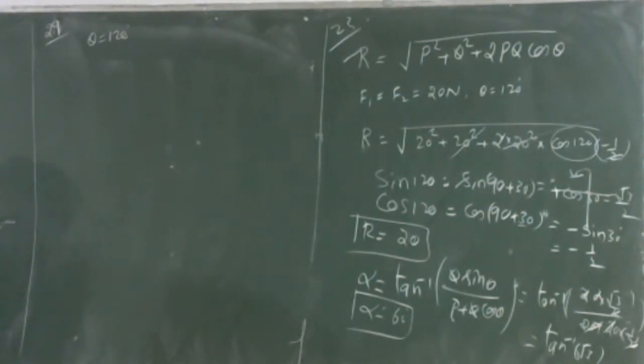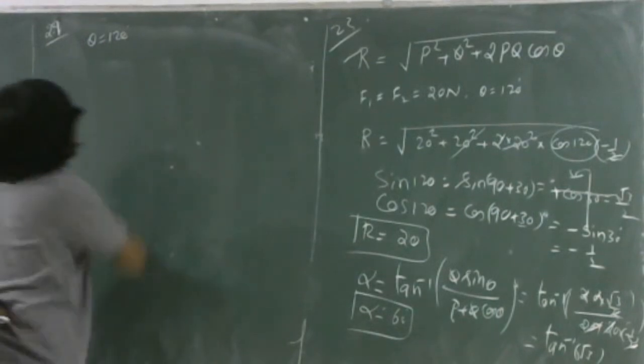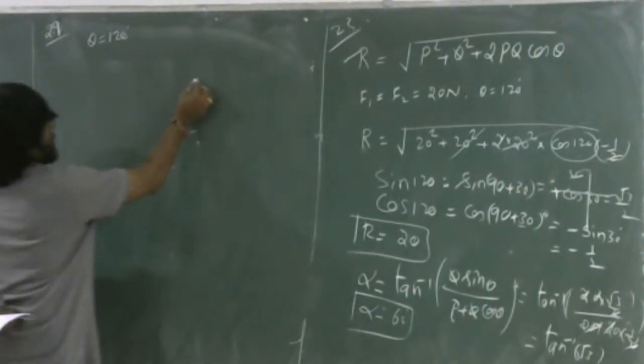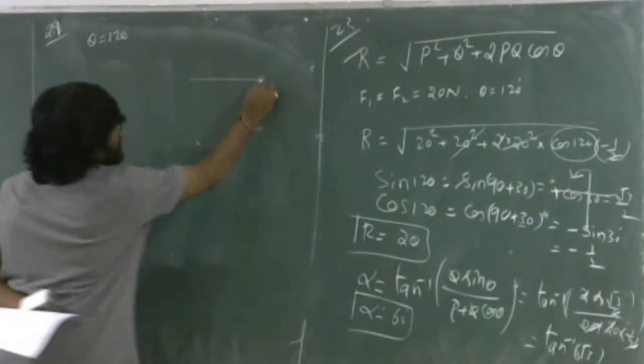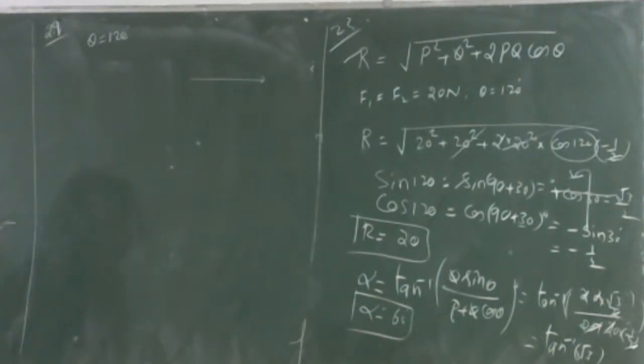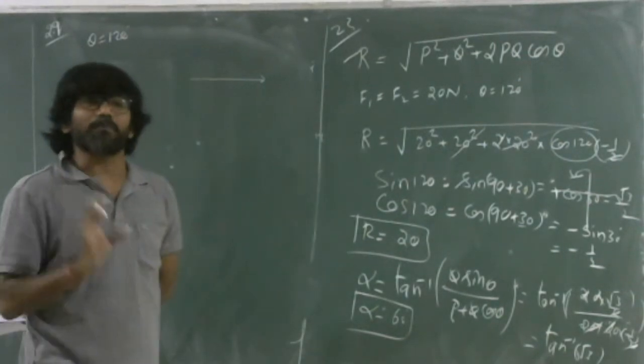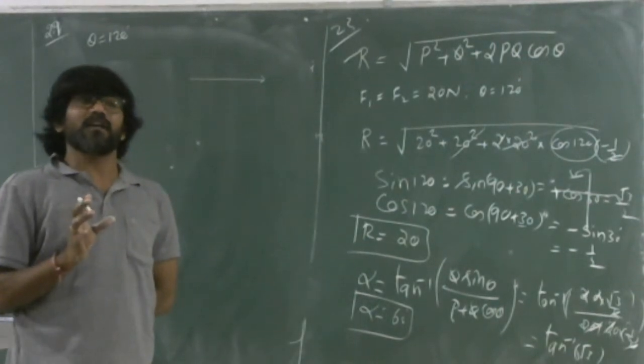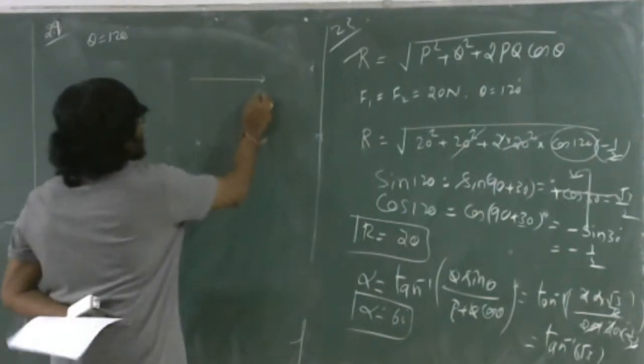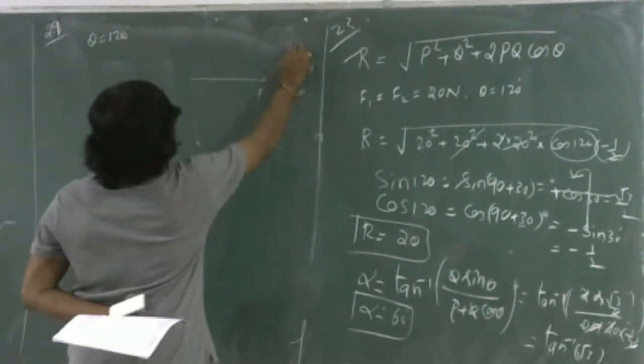You have to just get some idea. So the angle between the vectors is 120, so one vector will be this. Usually, by mentioning the angle, you have to align the vectors in tail to tail form. This is P, Q is like this.